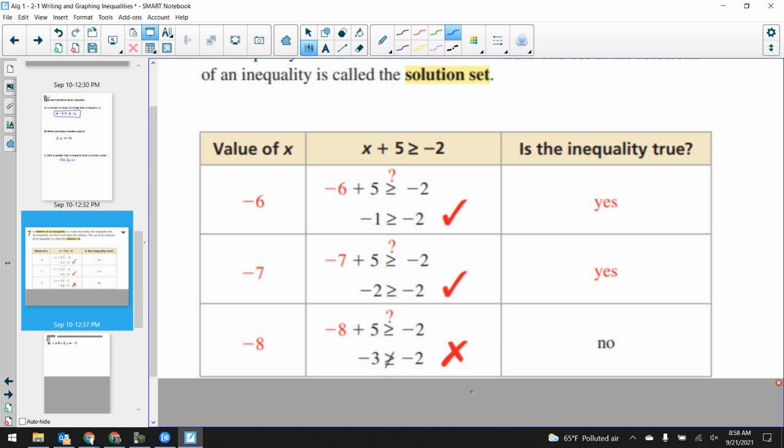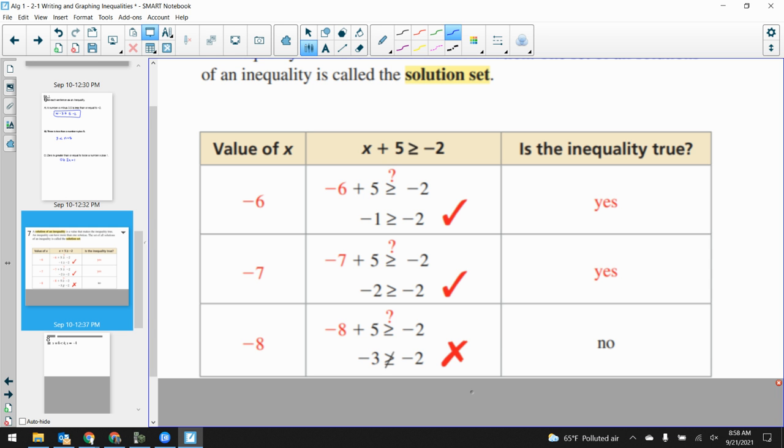So we notice here that multiple things could be a solution. For example, if I wanted any number bigger than 5, would 6 work? Yeah. Would 7? Yeah. Would 8? Bigger than 5? Yeah.